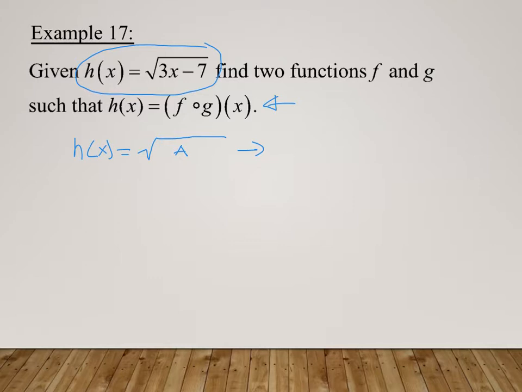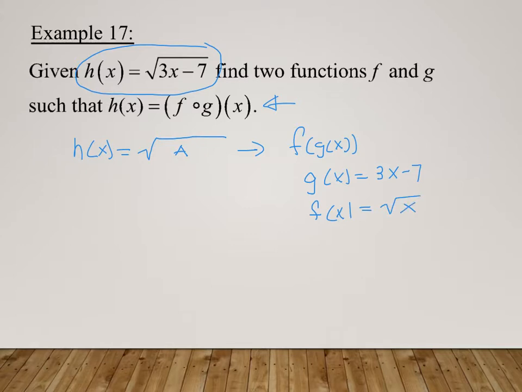since we have f(g(x)), now we can look at the inside part of the function, g(x). So let g(x) equal 3x minus 7. That means that f(x) has to be the square root of x, right?